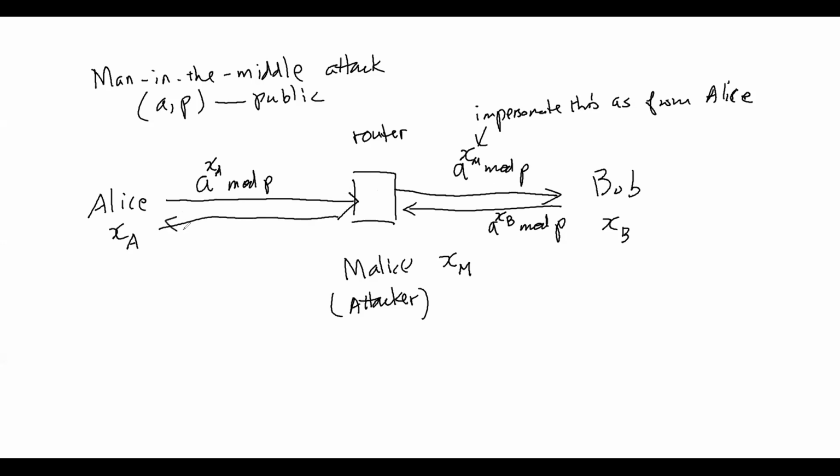Instead, it forwards A to the XM mod P to Alice, and impersonates this as from Bob.